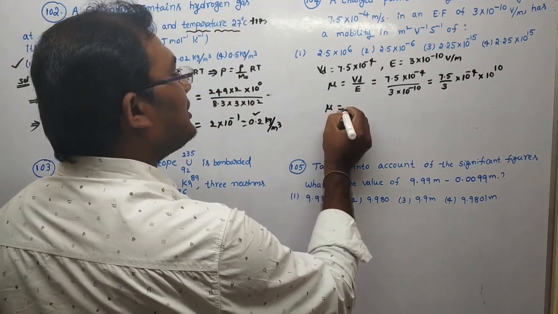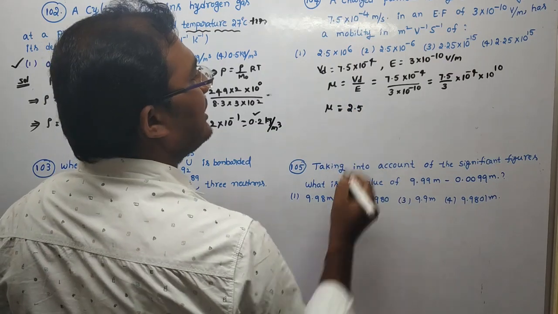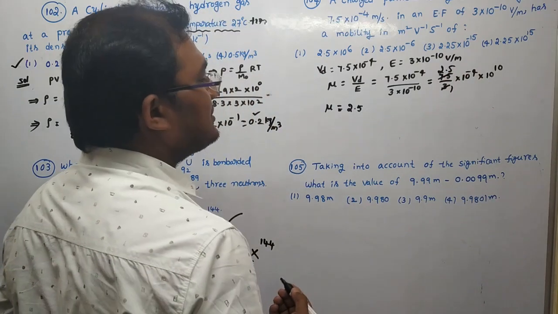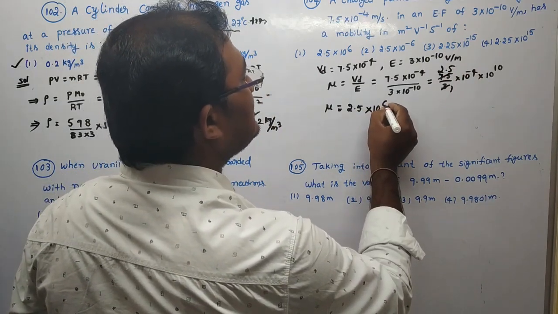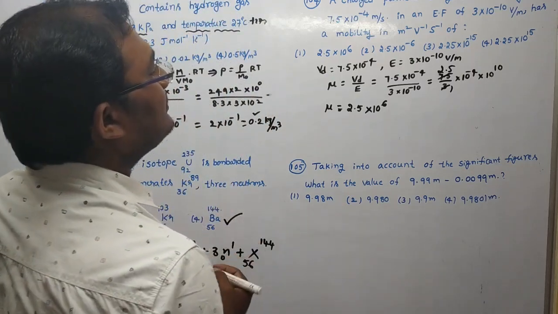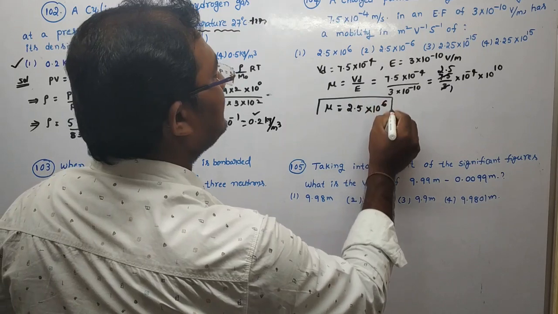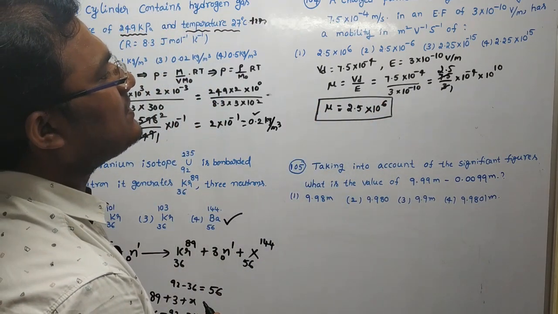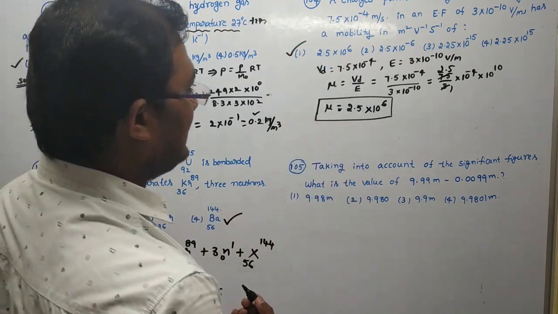Therefore mu equals 2.5 into 10 power 6. This is the required answer. In options, option 1 is the correct one.